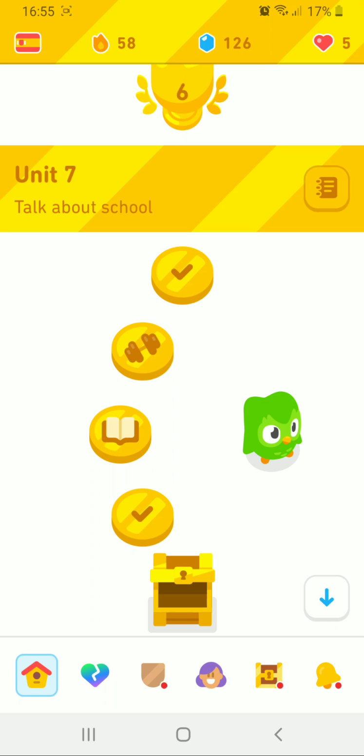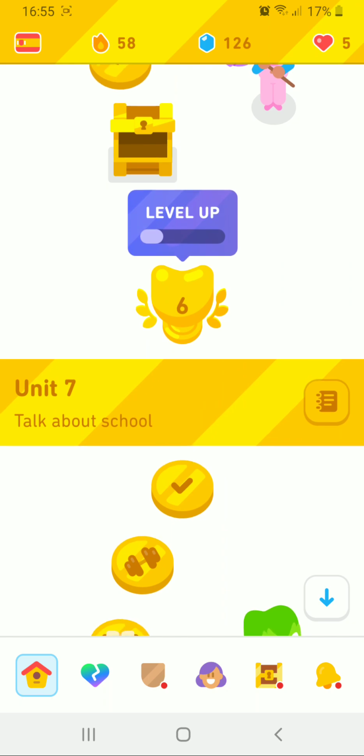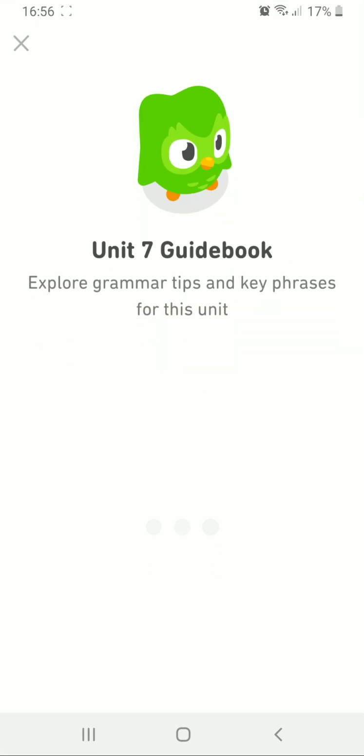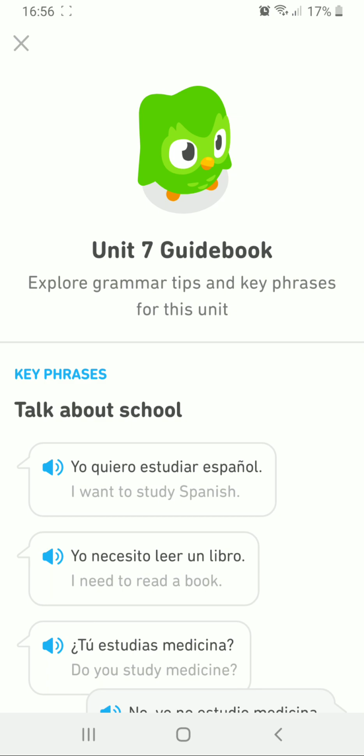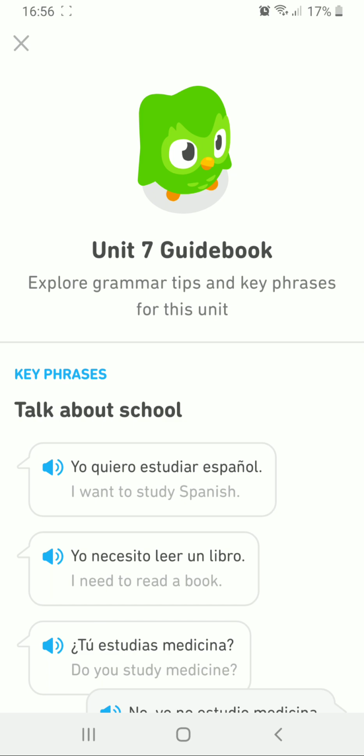And tener. Talk about school. So this is something completely new. I'm not sure if we should try it already, but I think since it's just a review of what we have seen previously, we can safely do it.